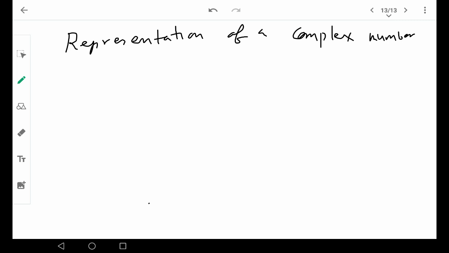So we'll draw the x-axis like this, and with it the y-axis like this. This is 0.